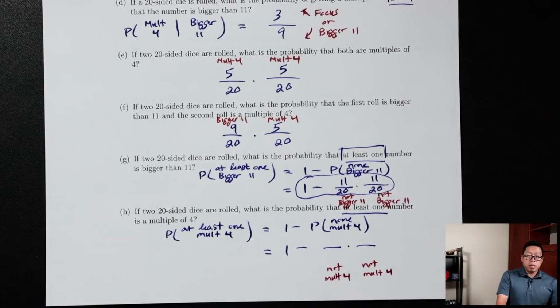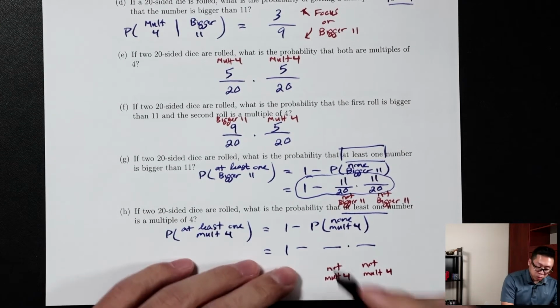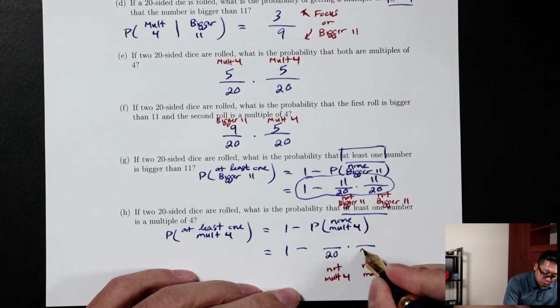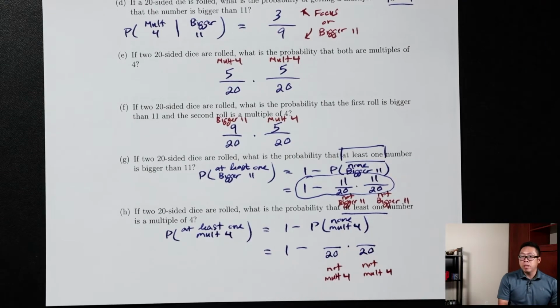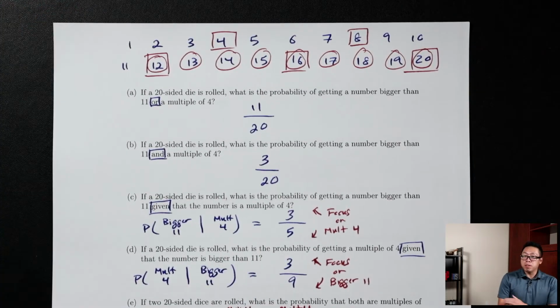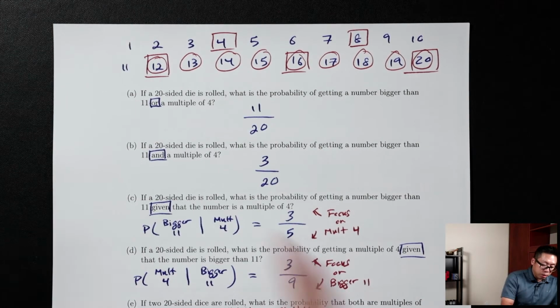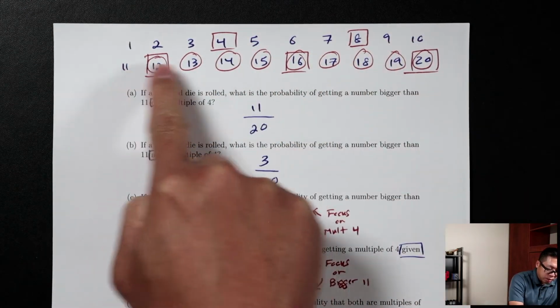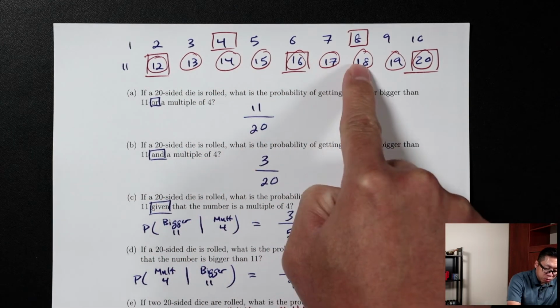Bottom of the fractions, how many different numbers can I get? That's going to be 20. And then I don't reduce because we're talking about dice, so 20 for the second one also. How many numbers are not multiples of 4? Multiples of 4 are my boxes, so how many numbers are not boxed? Not boxed would be 1 through 15.